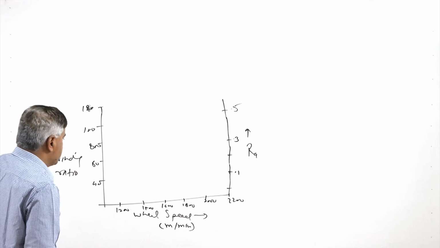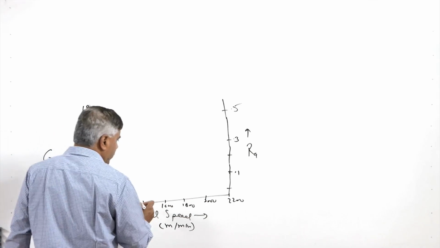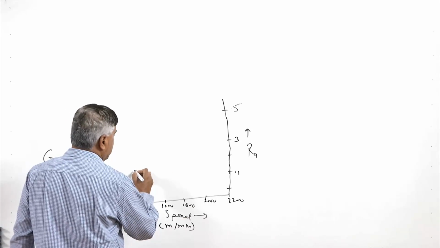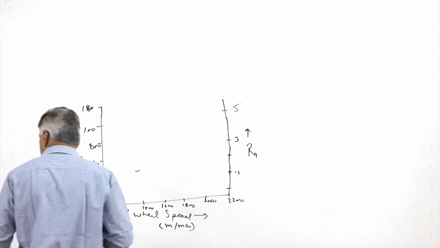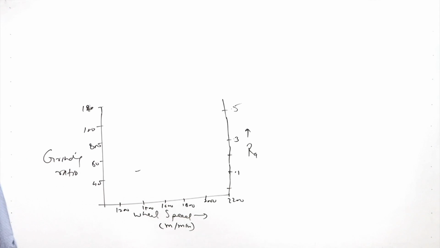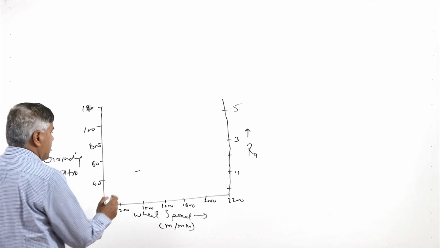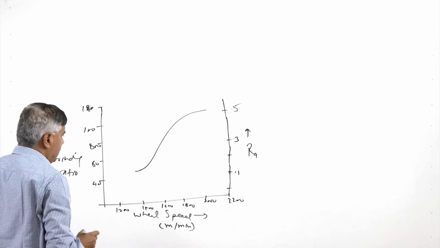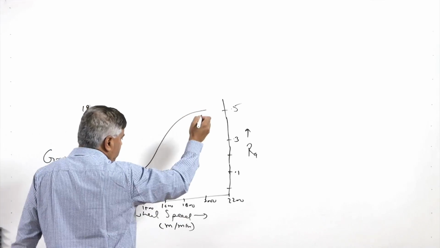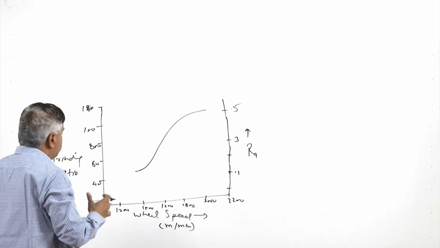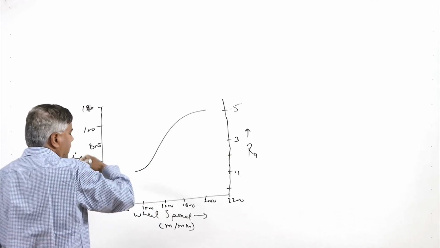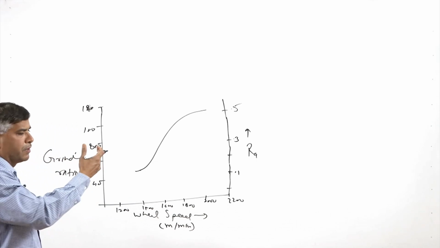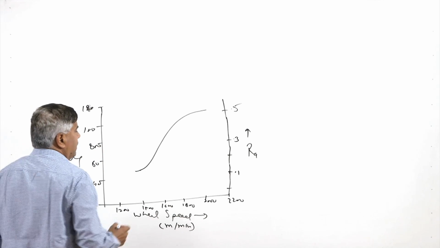So, what happens when we work at the lower speed? The grinding ratio basically increases with the increase of the wheel speed. Here is the grinding ratio, showing how it changes. Increasing the speed of the wheel, the grinding ratio improves, because it indicates that for a unit volume of the work material removed, the loss of the material from the grinding wheel is less.